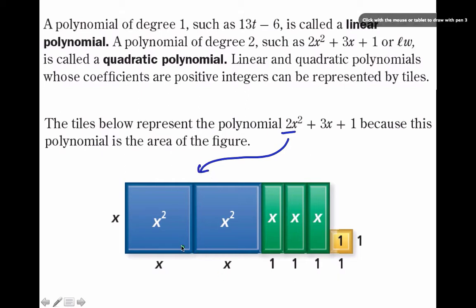Then you have 3x. These are x by 1, so their area is x. So that would be that group right there. And then plus 1. This last one is just a 1 by 1. So that's that. Okay. We'll use this a little more coming up, algebra tiles to represent multiplication and factoring, but that's in a later lesson.